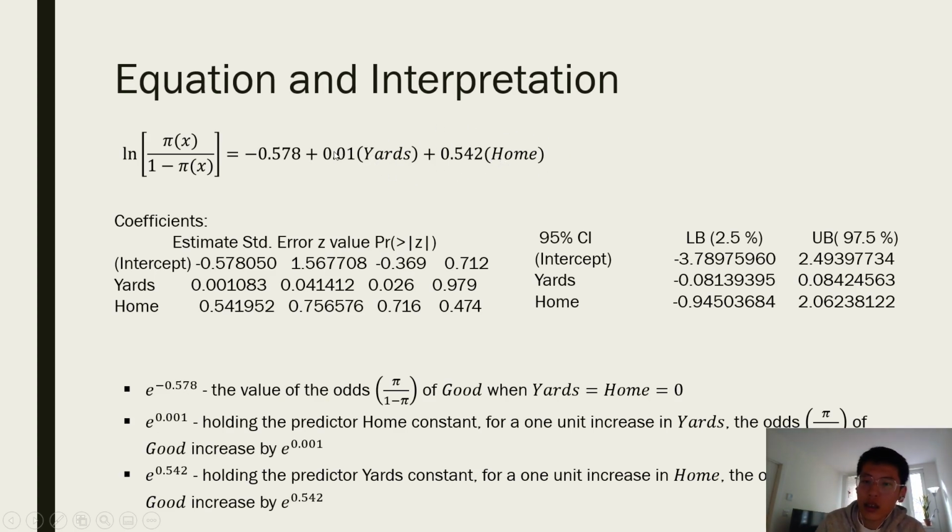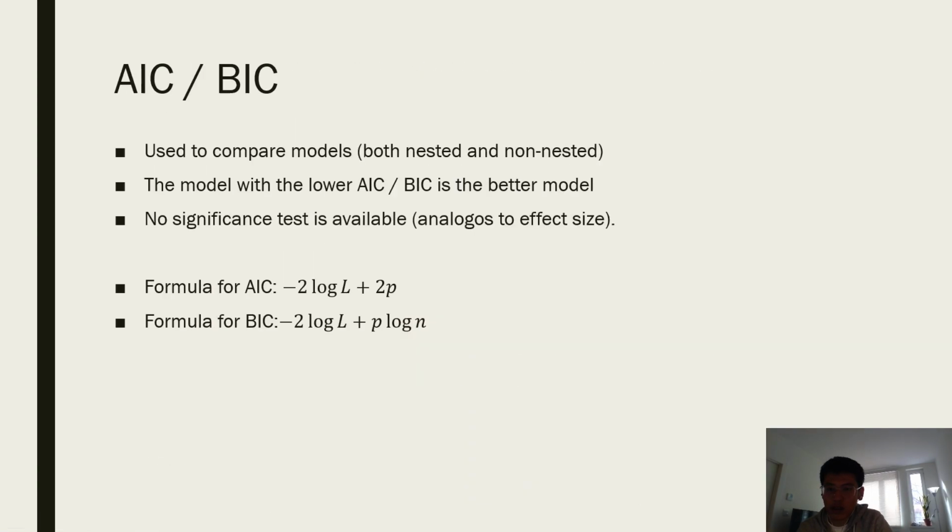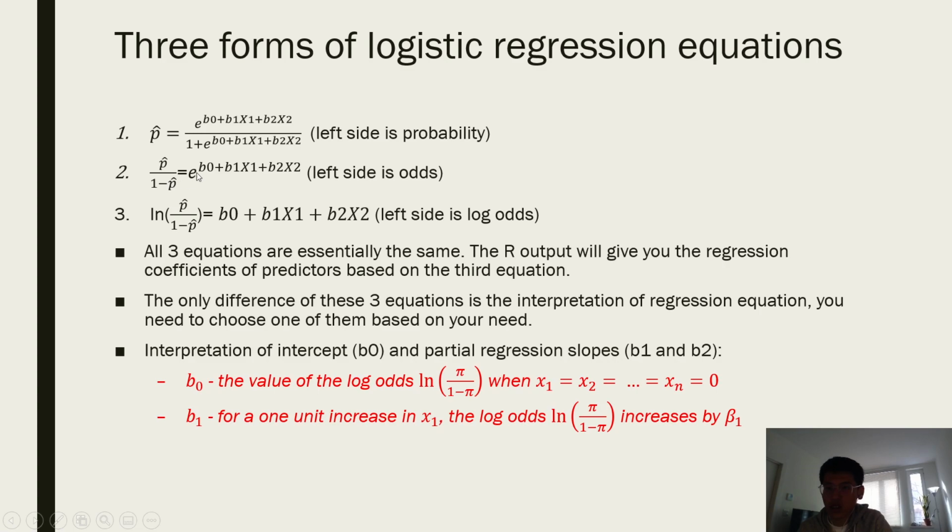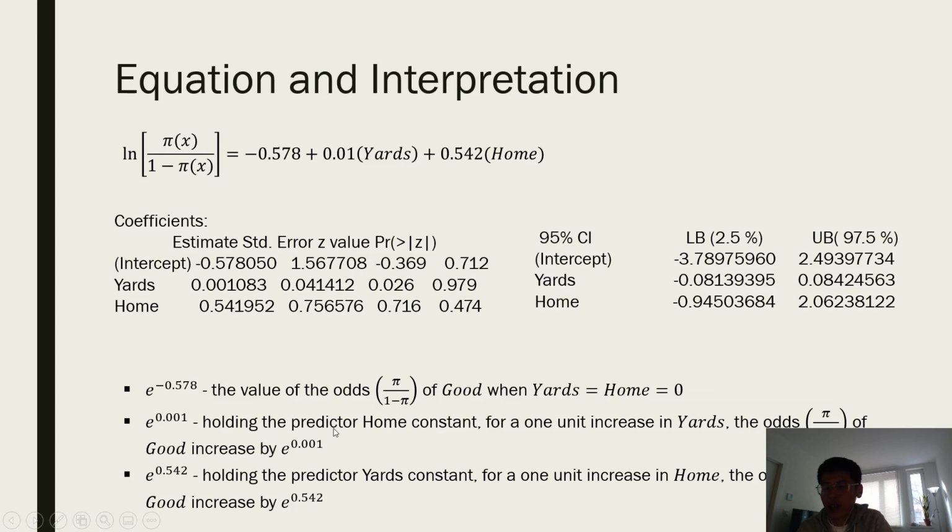Here is another interpretation. Everything down here is some interpretation in terms of odds, which is the second stage here. I think this part was made by the previous TA, and she wants to give you another perspective in terms of odds.